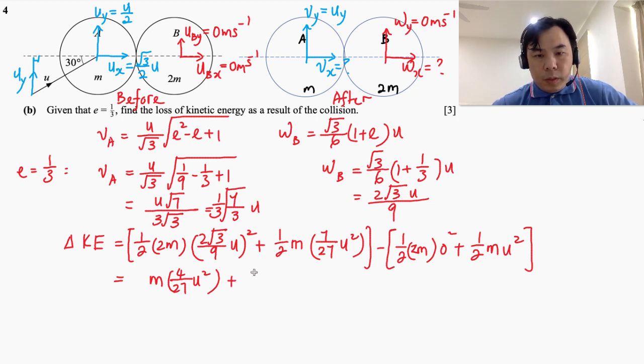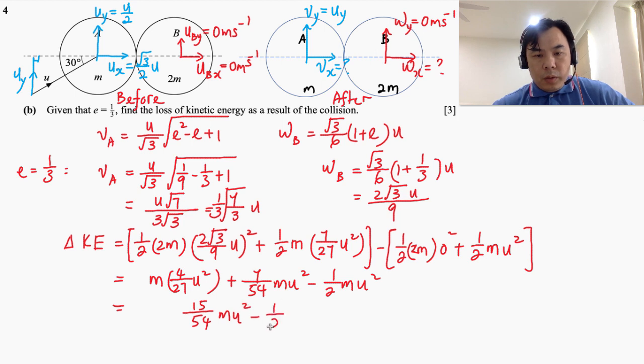Plus 7, 54 mu squared, subtract off half mu squared. Okay, so from here we have, let me see here, 8, 15, 54, 2, 8, 8, 15, 54 mu squared, subtract off half mu squared.